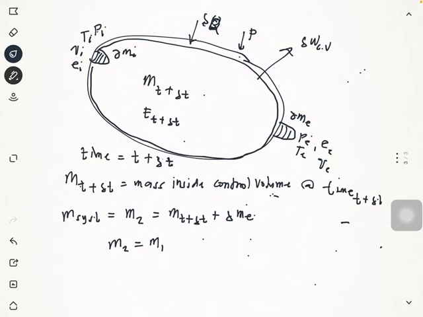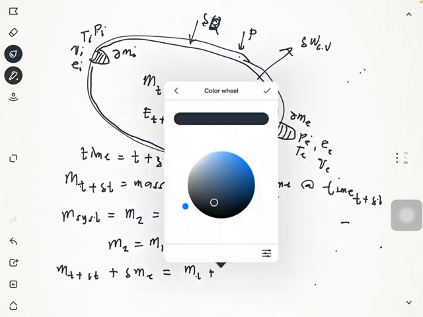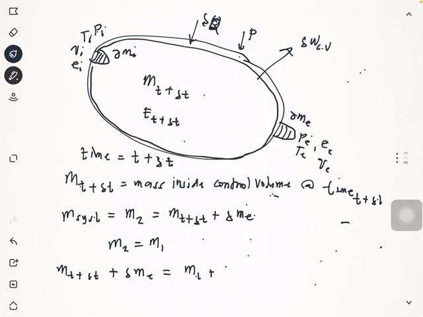Okay, so here our m2 is mt plus an exact differential of t, and this is plus an exact differential of mass that is leaving, and here our m1 is equivalent to mt plus an exact differential of mass that is entering.